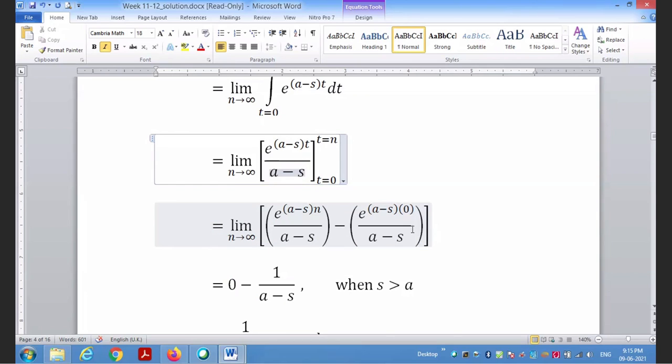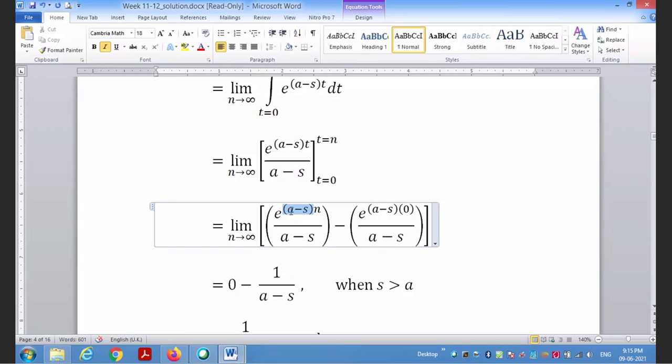Remember, when s is greater than a, a minus s is negative.